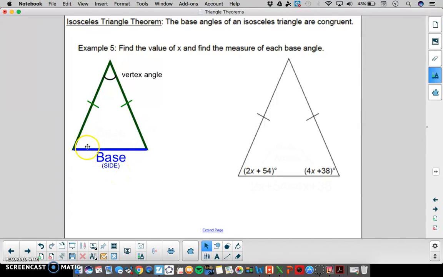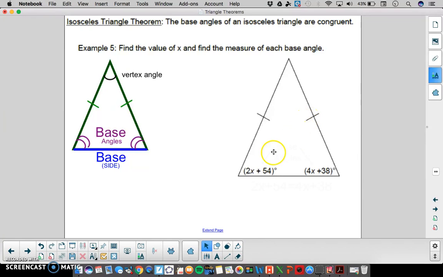The angles that include the base are the base angles. So these two down here are my base angles, and the Isosceles Triangle Theorem says that those are supposed to be congruent in an isosceles triangle. Here we have our two congruent sides.